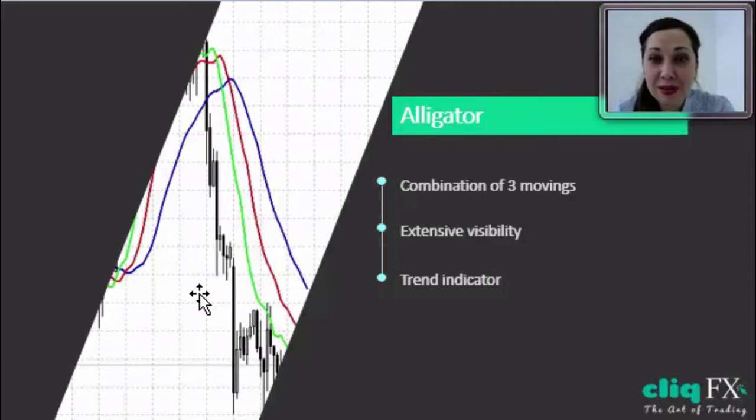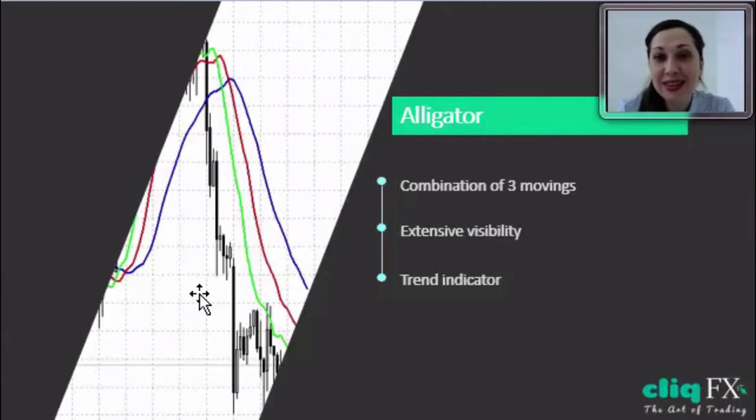Actually, he lost a lot of money at the beginning, and he came to the idea that it's high time to stop using somebody else's signals and to start to make his own indicators, giving his own signals, which will be more precise and more reliable. So it took him almost 7 years, him and his team, to create alligator.